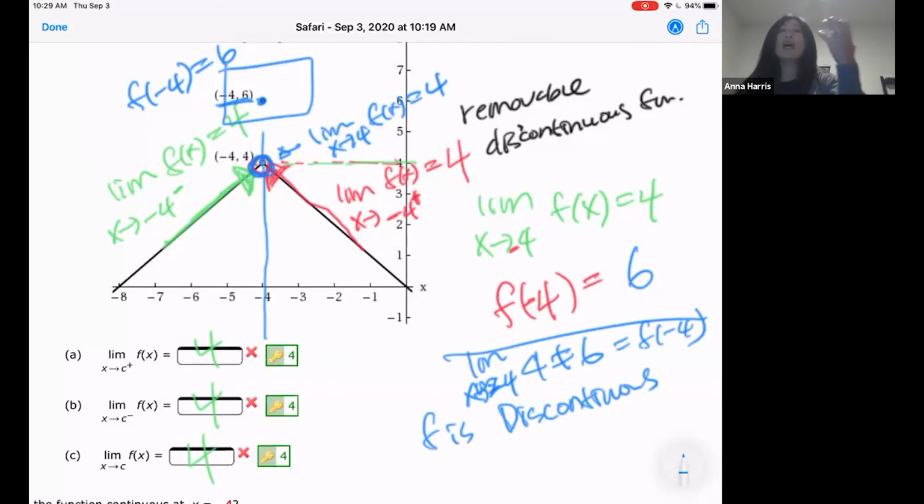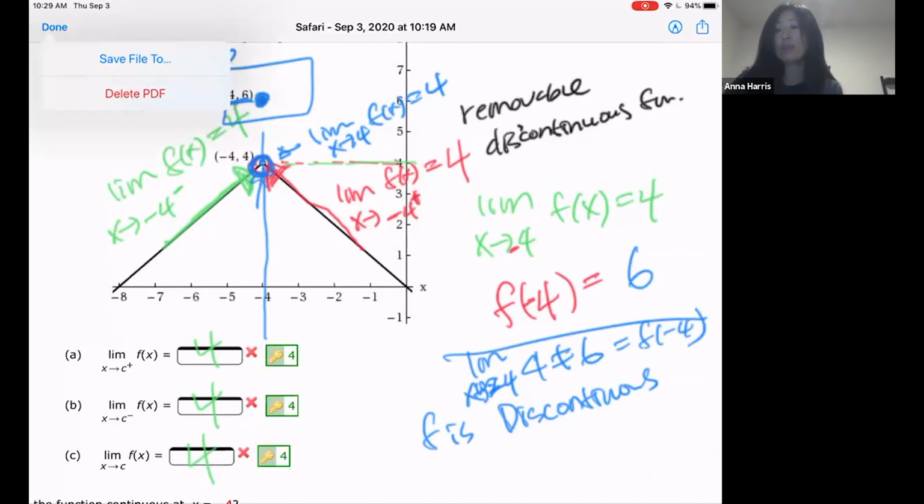When the limit is not the same as the y value, then this is discontinuous. So this is a classic removable discontinuous function. There's only one point missing, but that one point happens to be way above here, not over here. That's why it's discontinuous. So this is a very good problem.